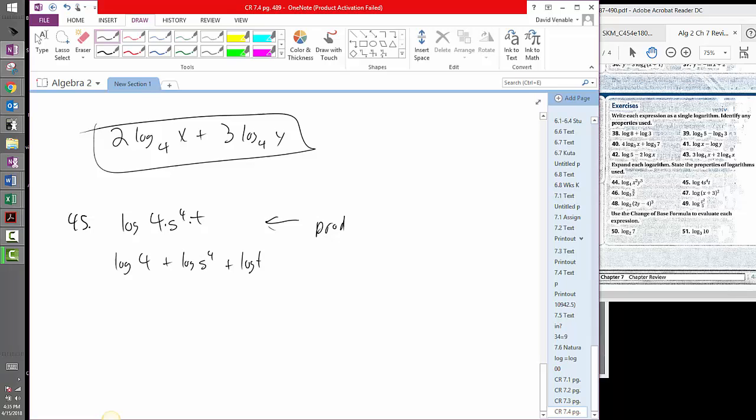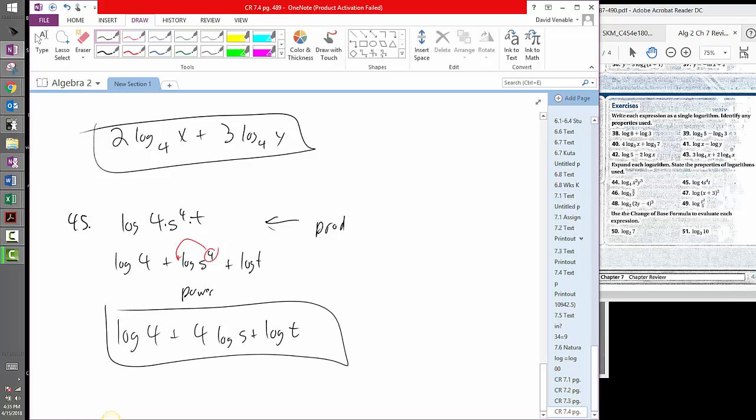Now I'm going to apply the power property to only this part right here because it's the only one with the power. So this is log of 4 plus, I'm going to take that 4 and drop it in front of the log. So I got log 4 plus 4 times log of s plus, and then rewrite this log of t. That's as expanded as you can get.